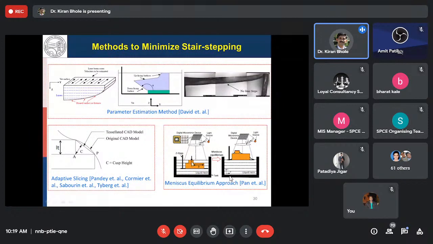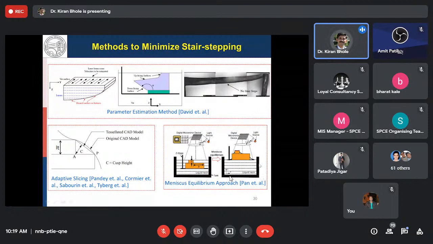Now, to fill this lateral surface, the structure is taken out of the resin. When it is taken out, a meniscus is formed because of the fluid property. And you have to form this meniscus in such a way that the meniscus surface conforms to the actual geometry of the desired surface.